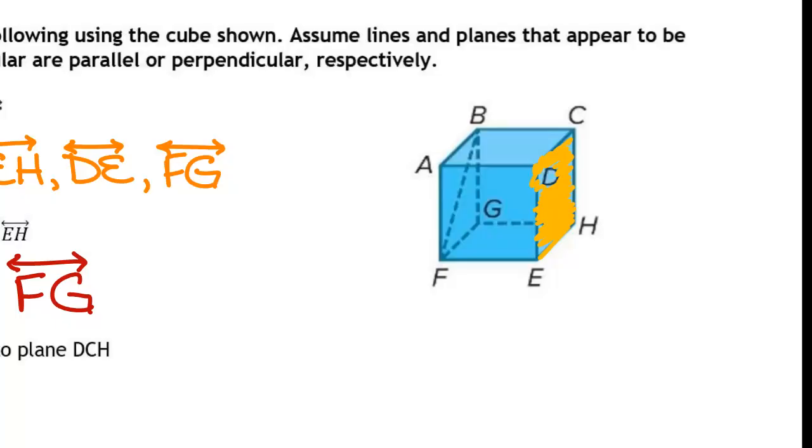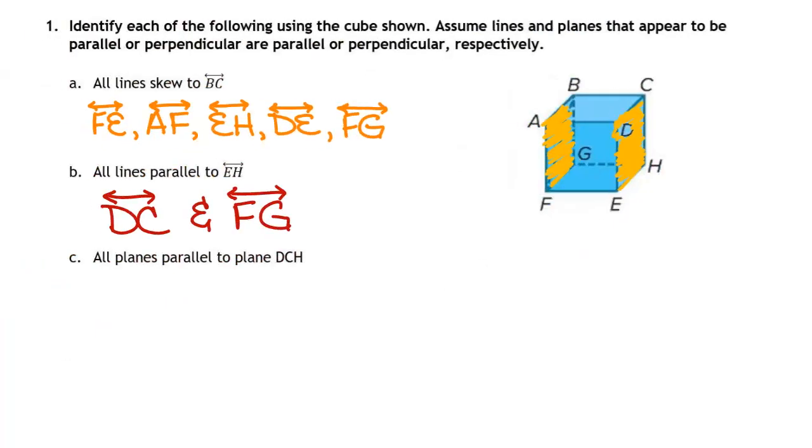So we're talking about this side right here, BAF. This side over here would be parallel. That's the only other plane that does not touch the left-hand side. So plane BAF. We're saying that this one over here is parallel.